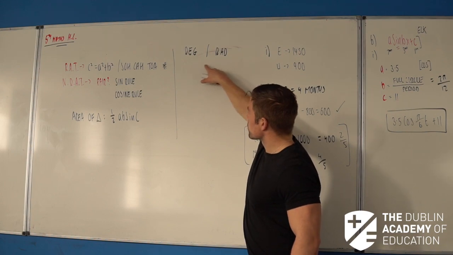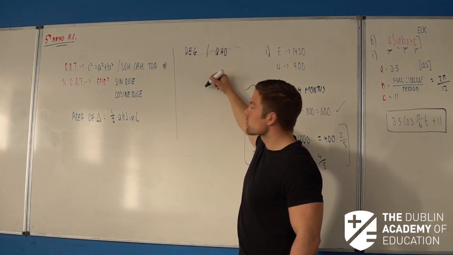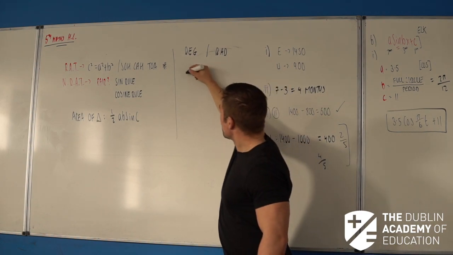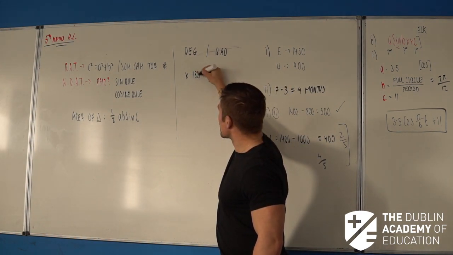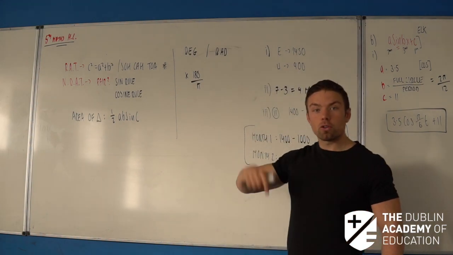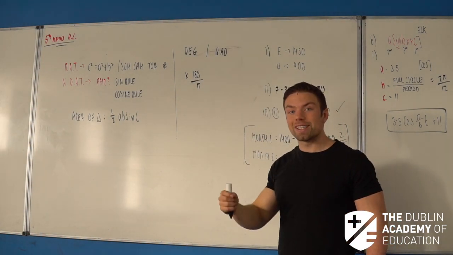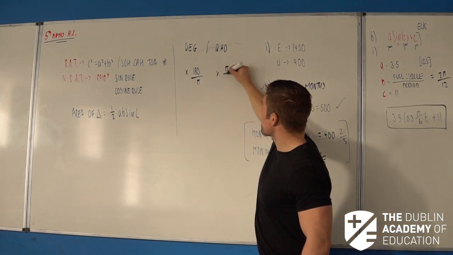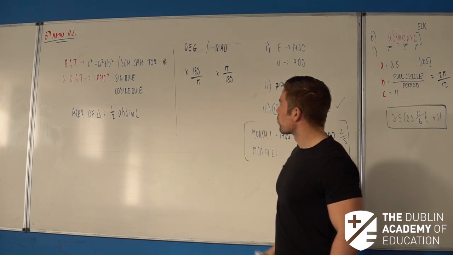There's two multiplications. If you were trying to turn something from radians into degrees, we multiply by 180 over pi. If you were trying to turn something from degrees into radians, you multiply by pi over 180.